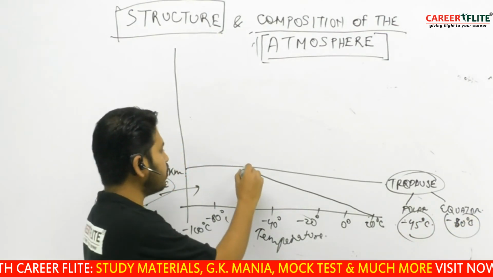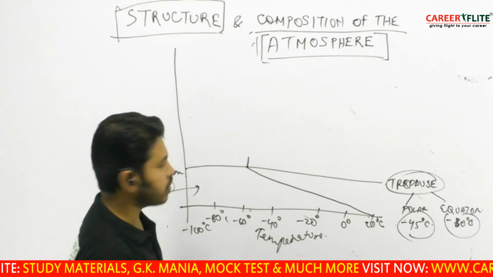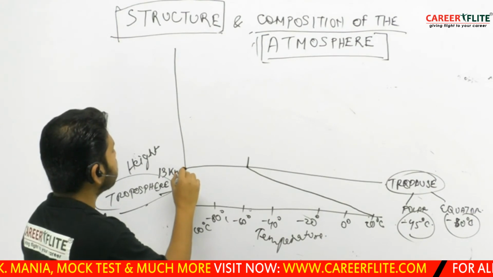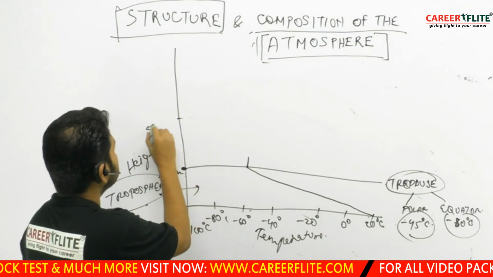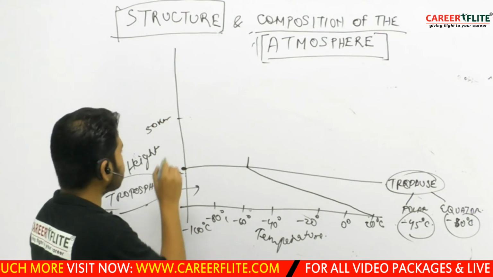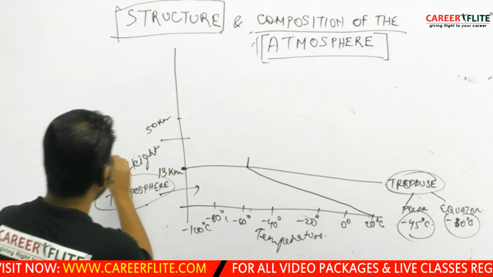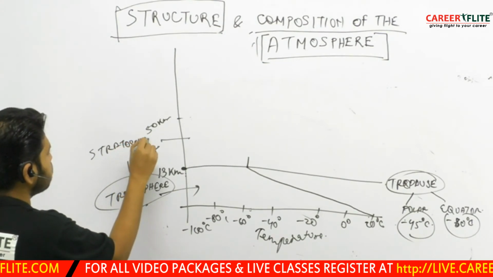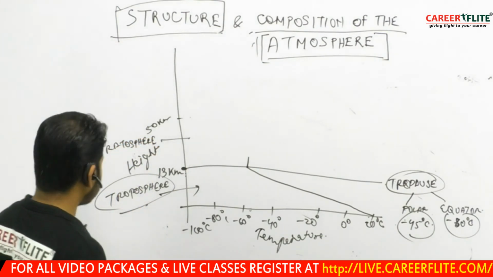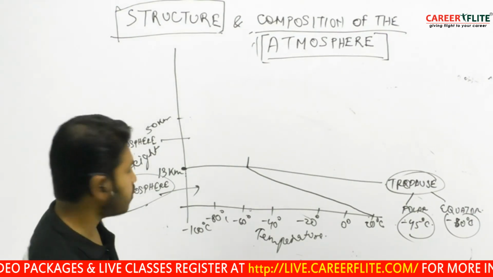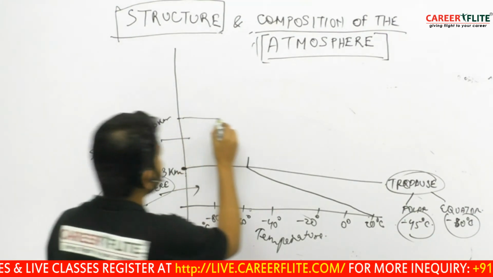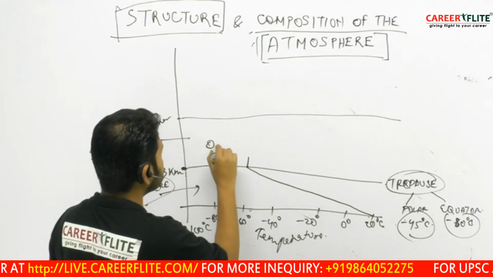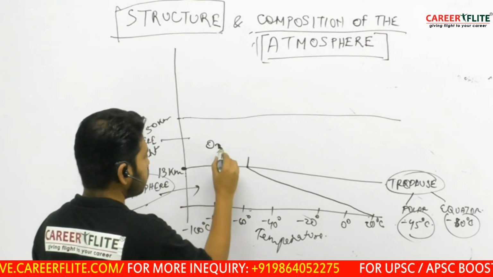Then the next layer that will come is the stratosphere. From 13 kilometers, or you can consider from 10 to 50 kilometers, is the stratosphere. In the stratosphere we can find the molecule ozone, O3.